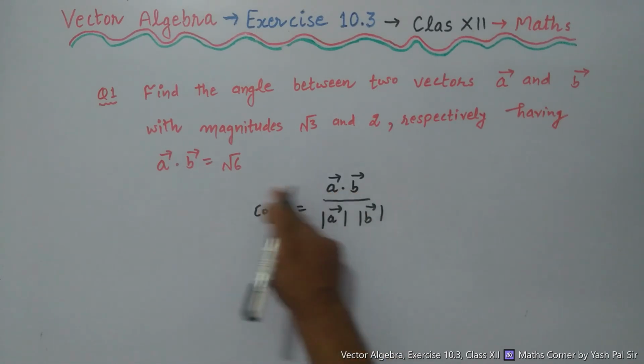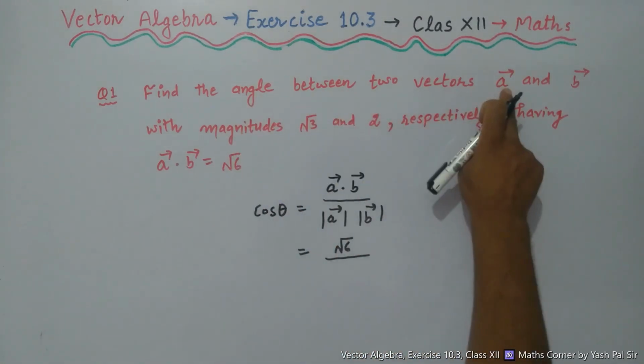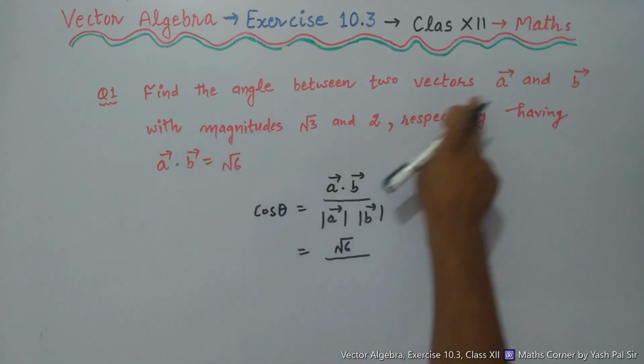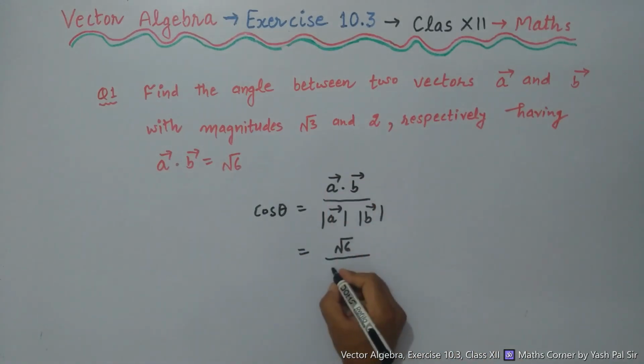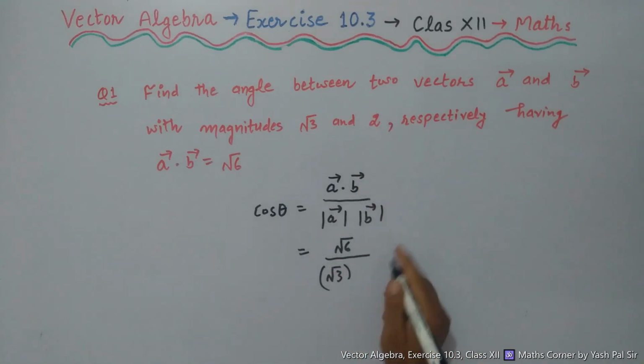Now we apply the result. What is A dot B? This is given as square root of 6. What is the magnitude of vector A? This is given as square root of 3. Again, the magnitude of vector B is equal to 2.